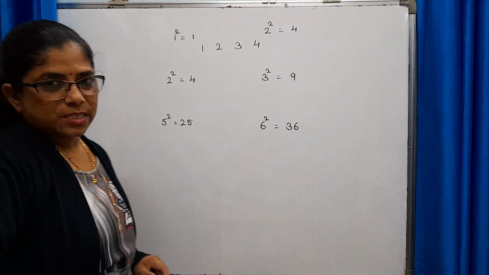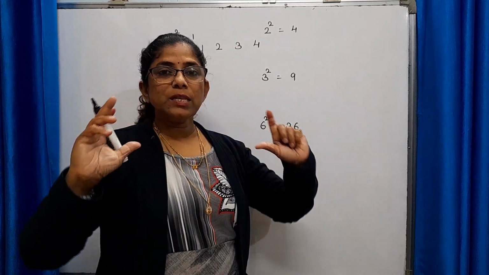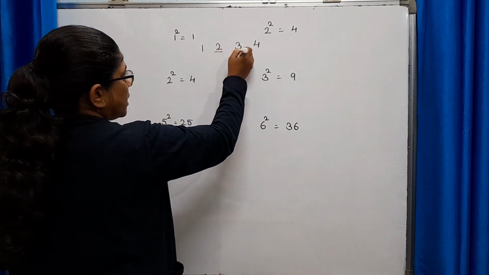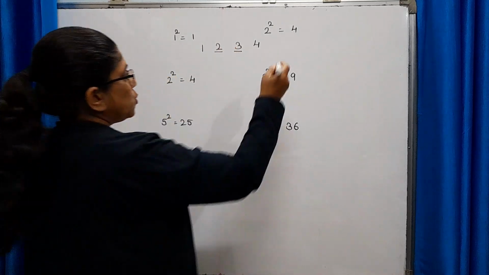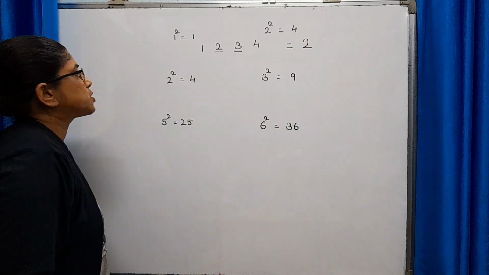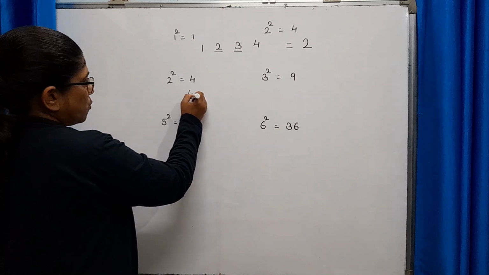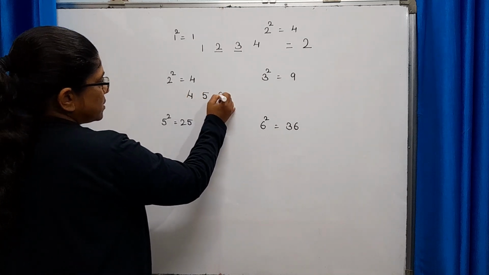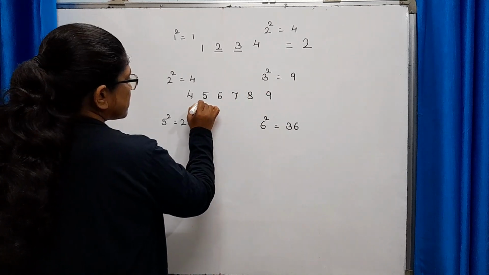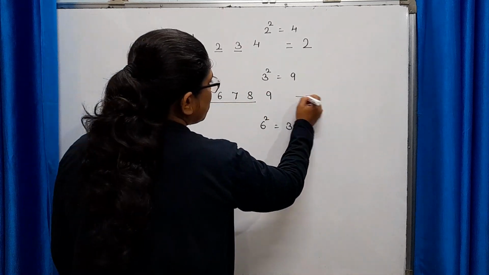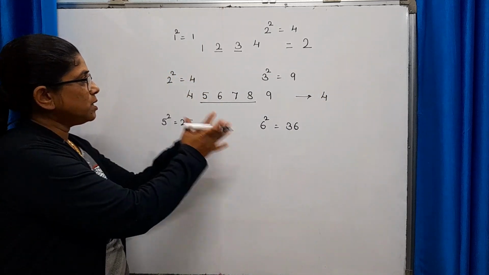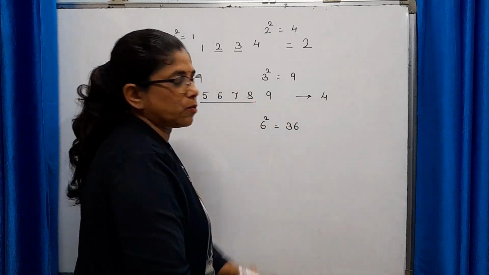How many numbers are there between these square numbers? Between 2 square and 3 square, okay, between these perfect squares, 4, 5, 6, 7, 8, 9, we have 4 numbers in between.